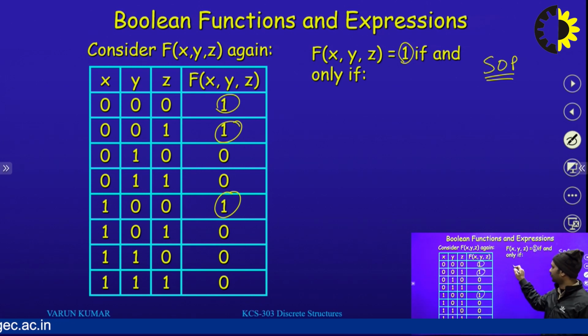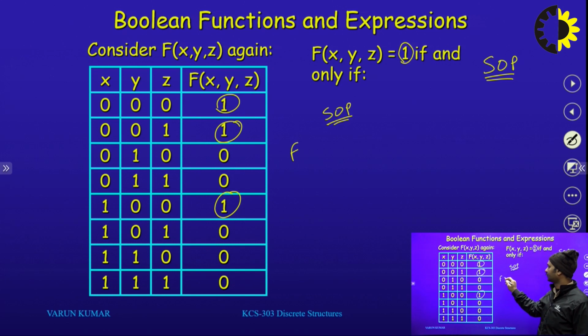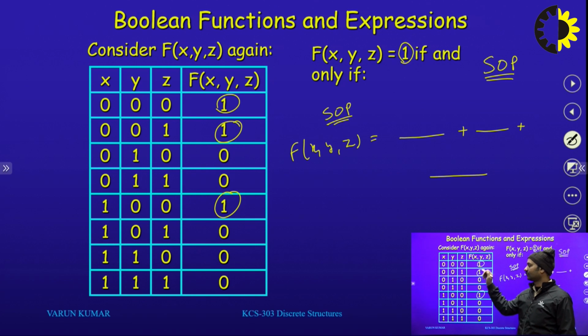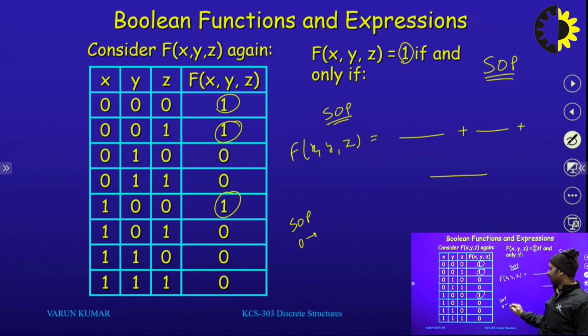In SOP we design a particular solution. We write f of x, y and z equal to as many terms as 1's come, that is 3 times, and we take the first value, then plus, then the second value, then plus, then the third value. What is the first value where our function is true? That is x equal to 0. So in SOP, 0 is converted into a literal bar and 1 is represented by the literal.